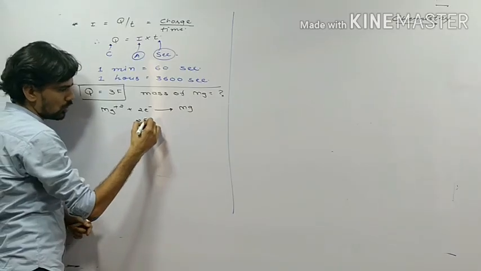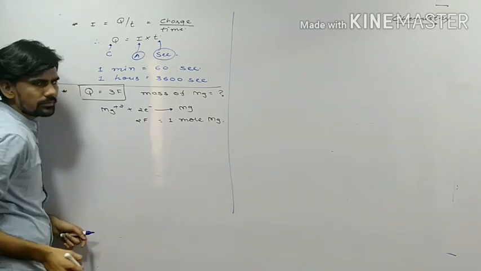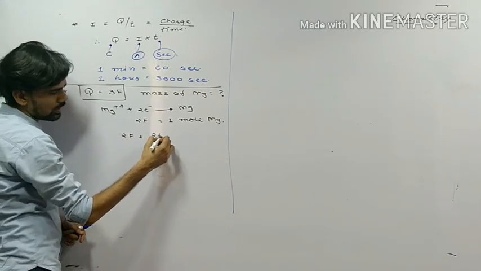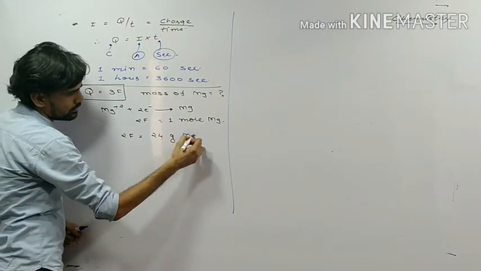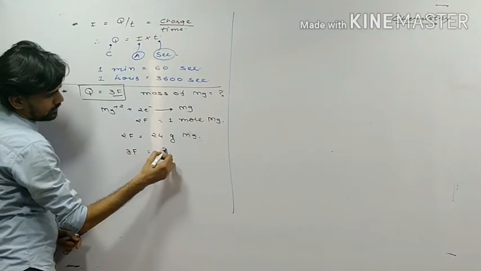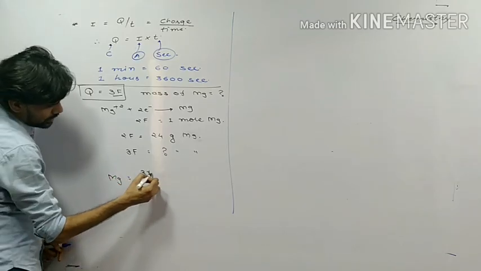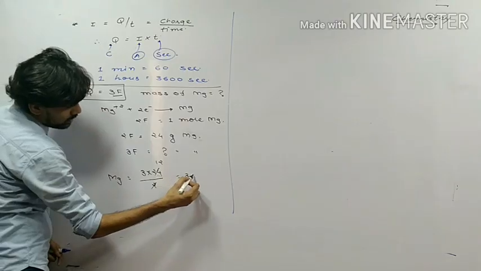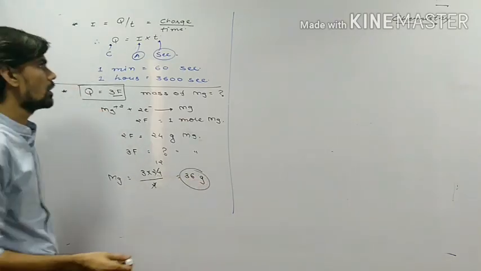It means 2 Faraday will give 1 mole Mg, which is 24 gram magnesium. What we have is 3 Faraday. The mass of magnesium is equal to 3 multiplied by 24 upon 2, which is 36 gram. Okay, next question.